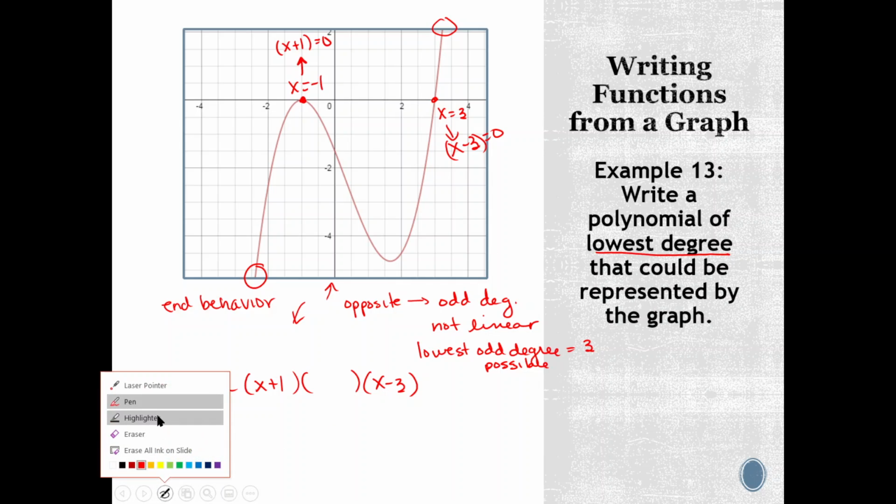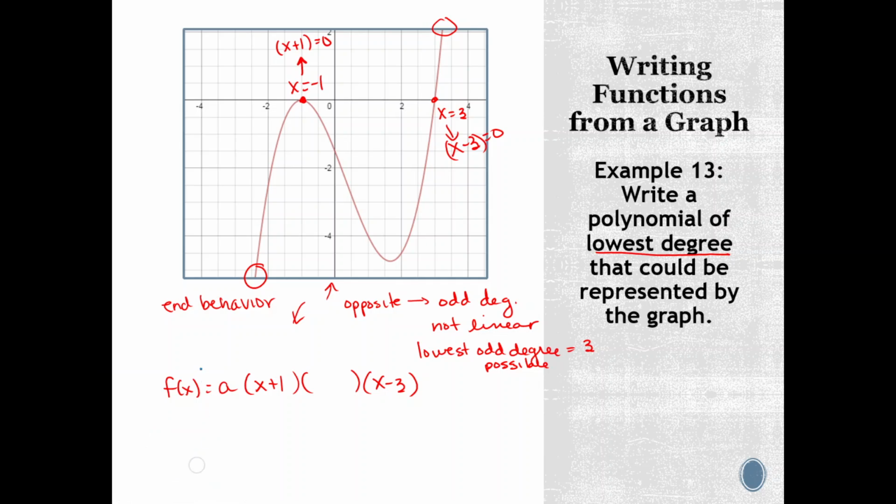I notice that this one here is a turning point. That means it has to have an even degree. So this x plus 1 has to occur twice in order to become a turning point. So I have f of x equals a times x plus 1 squared times x minus 3.